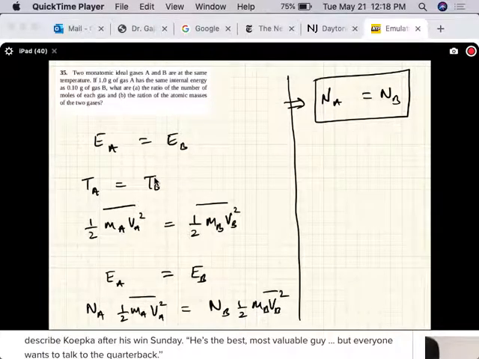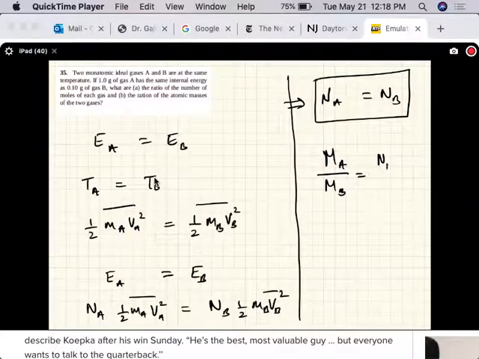Now, what they tell you is 1 gram of A is 0.1 gram of B. So that tells you, since they have the same number of molecules, each molecule of A must weigh 10 times B. Mass of A is the number of A times the mass of each molecule.